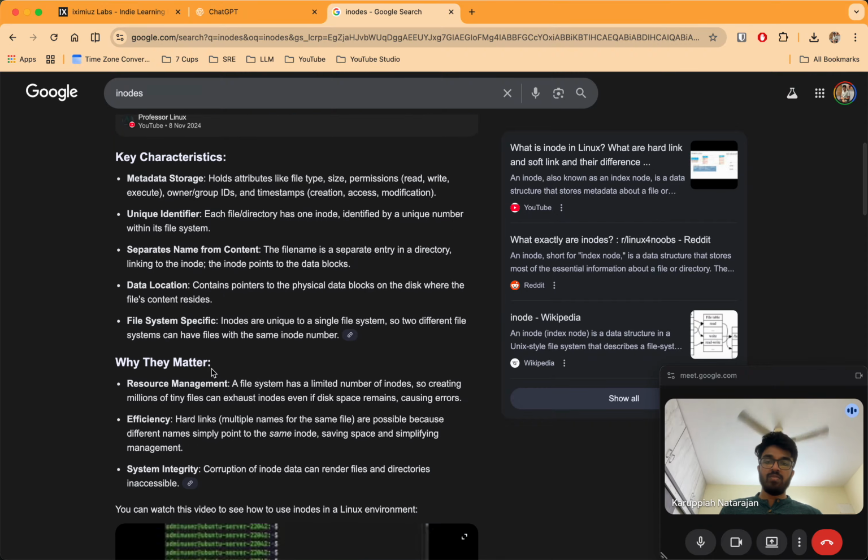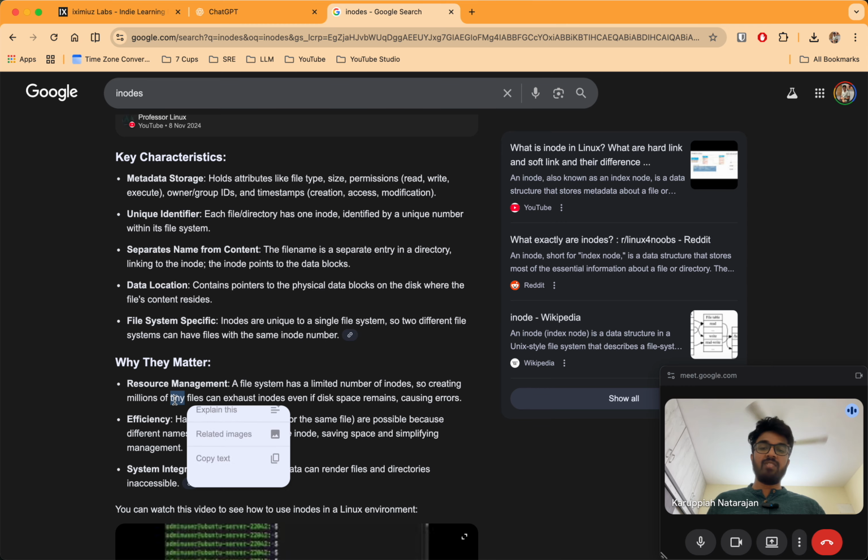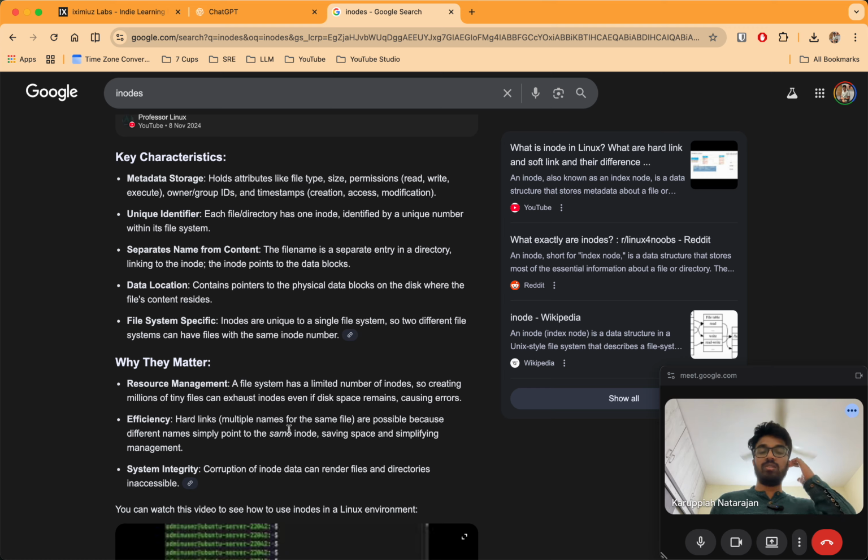So why do they matter? Resource management: a file system has a limited number of inodes. Not all file systems have the inode concept, but let's say ext4 has it. They have a limited number of inodes. So creating, let's say, millions of tiny files, like 0 KB or 1 KB, whatever, can exhaust inodes. Every file needs an inode to hold the metadata, the size, where the data is present on the disk, and access permissions and all.